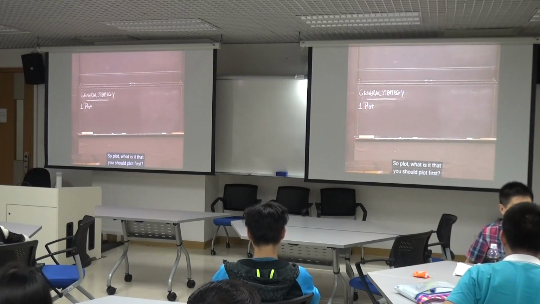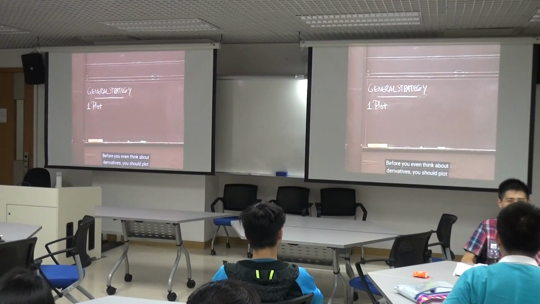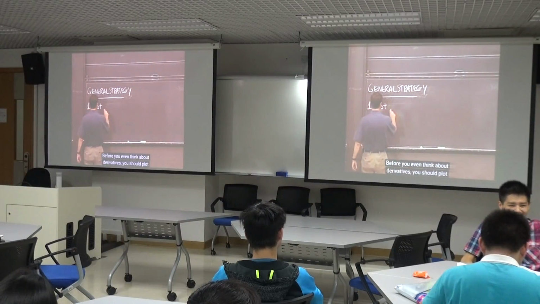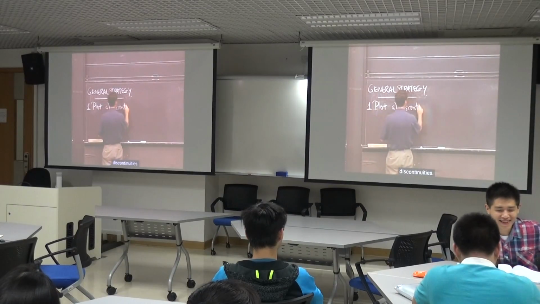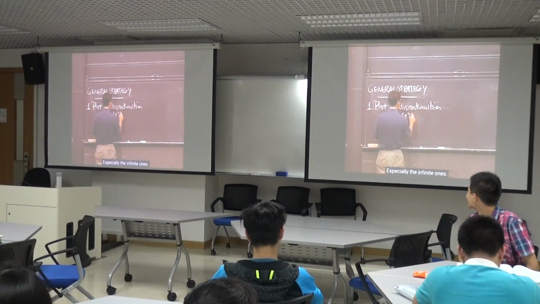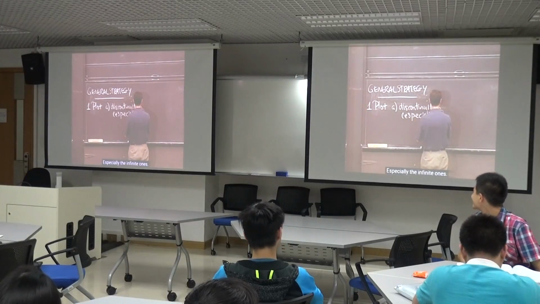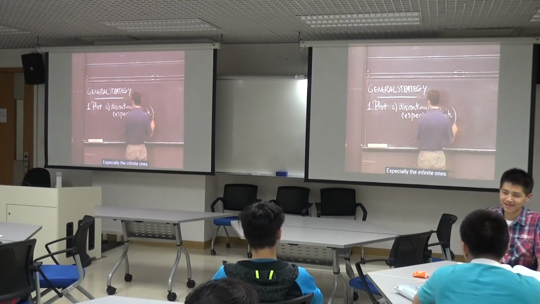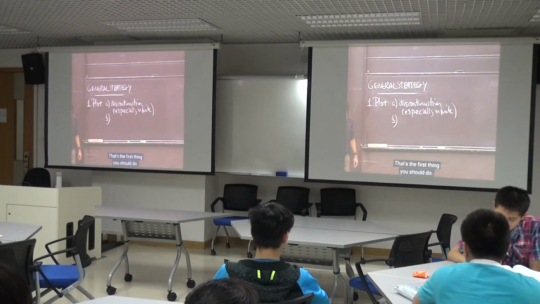All right. So plot. What is it that you should plot first? Before you even think about derivatives, you should plot discontinuities, especially the infinite ones. That's the first thing you should do.